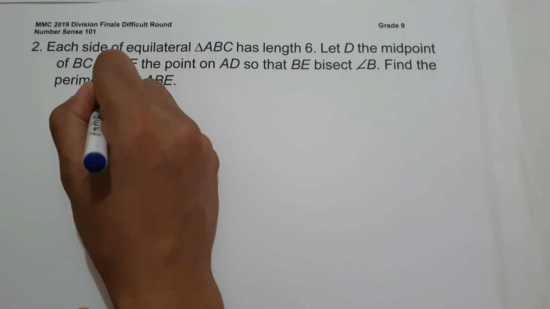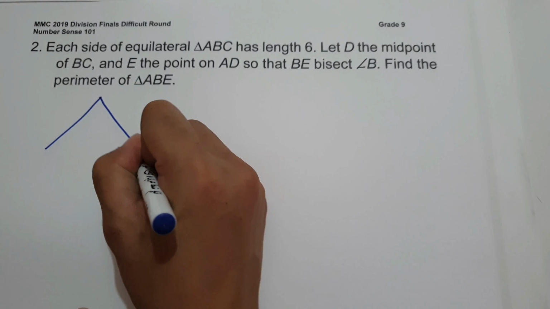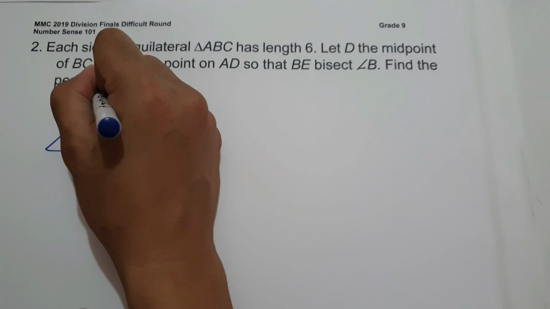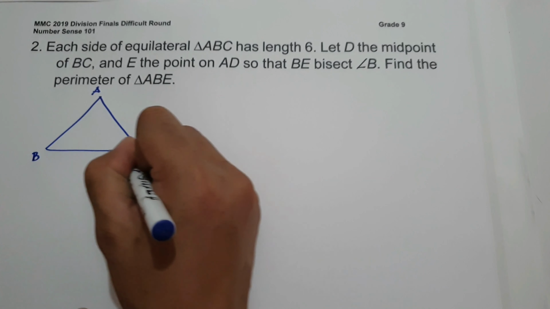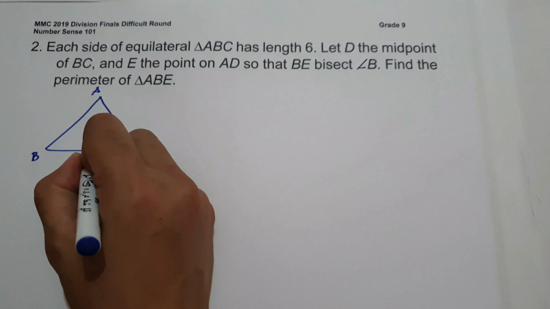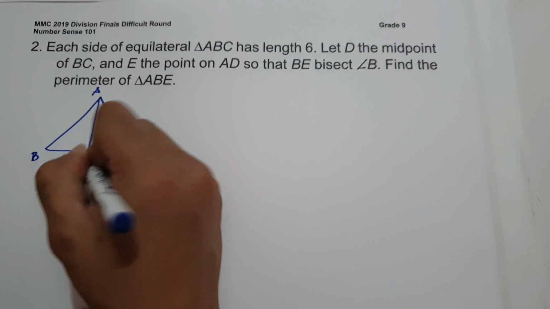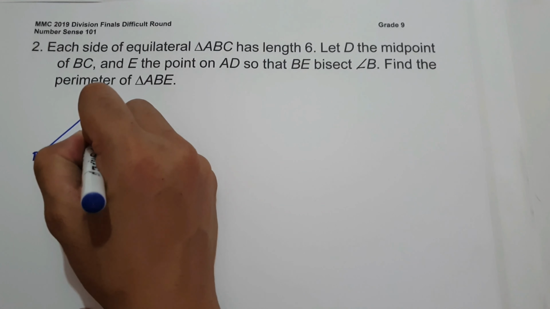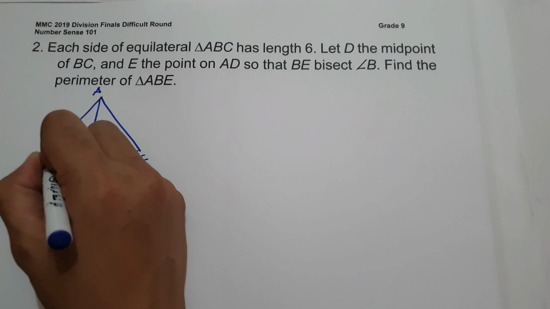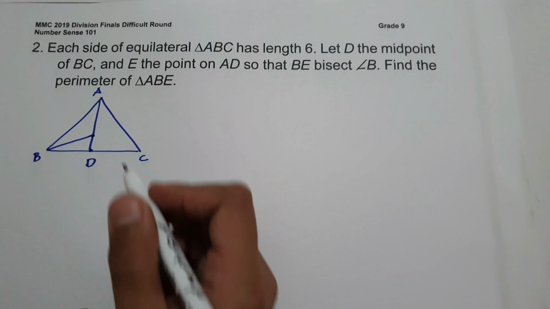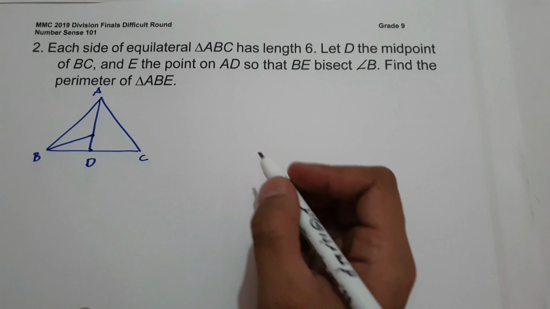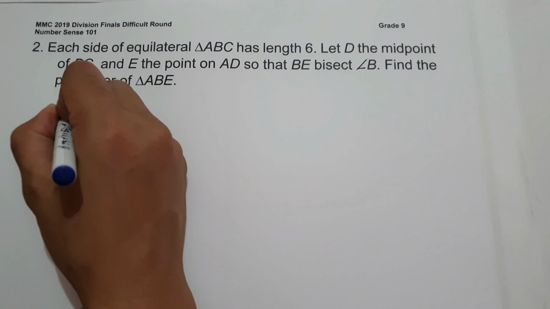So let us have an equilateral triangle ABC. D is the midpoint of BC and E is the point on AD so that BE bisects angle B. The measure of each side is 6, so this one is 6.